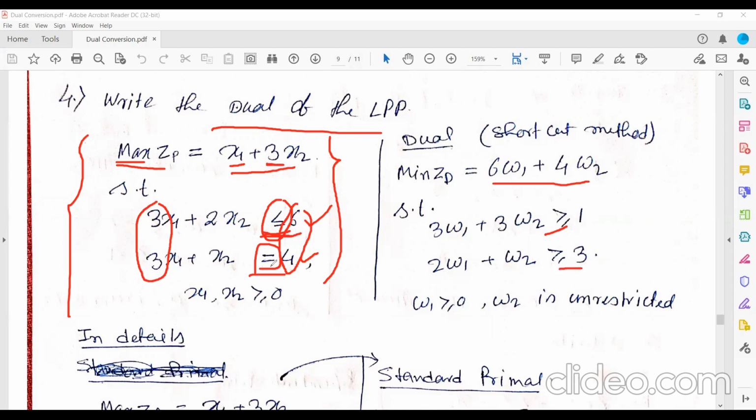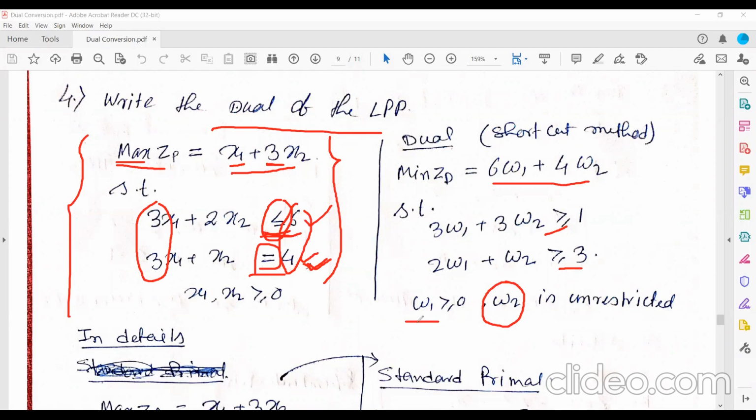Now see here. In which constraint is the equality sign there? In the second constraint. So there will be a restriction over W1, that is, W1 should be greater than or equal to 0. But you cannot put any restriction over W2. Earlier, in the problems we have seen, all the variables were greater than or equal to 0, those non-negativity restrictions.